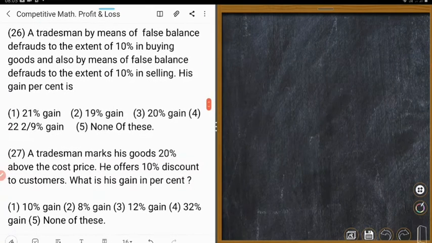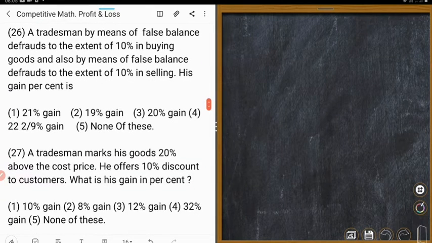Next one is 26. A tradesman by means of false balance defrauds to the extent of 10% in buying goods, and also by means of false balance defrauds to the extent of 10% in selling goods. The same thing, but here is a little change. He brings what? Tell me. Brings 1100 gram instead of 1000.